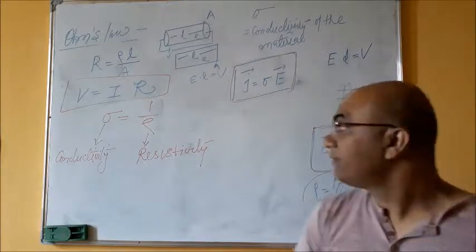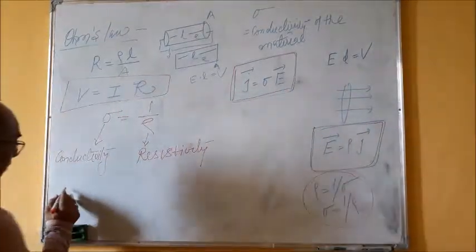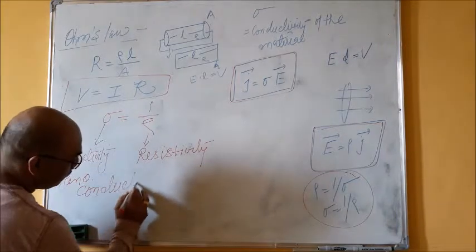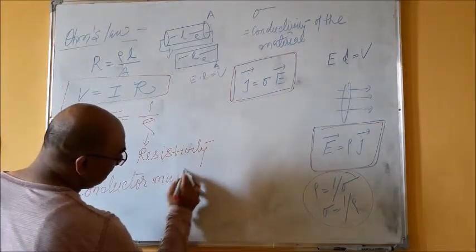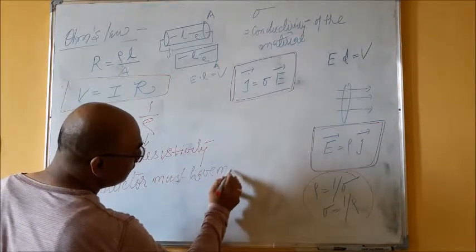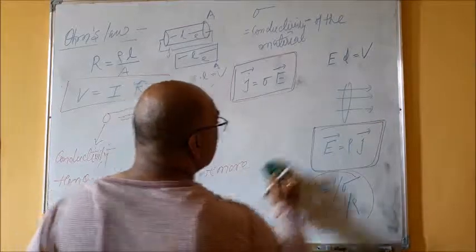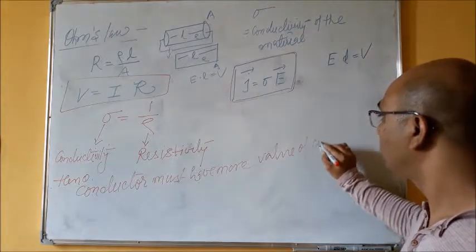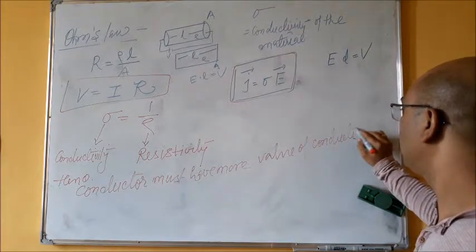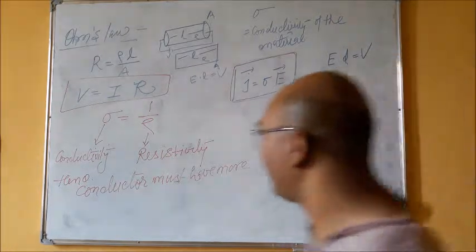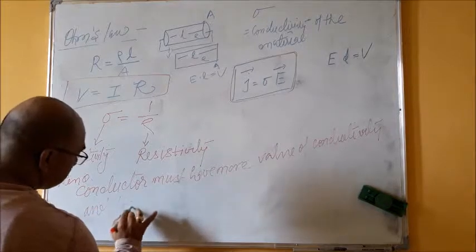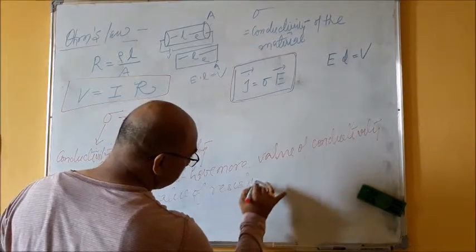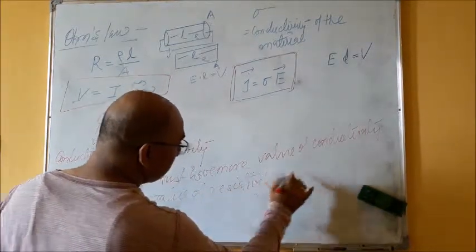Hence, what can we conclude? A conductor must have more value of conductivity and less value of resistivity.